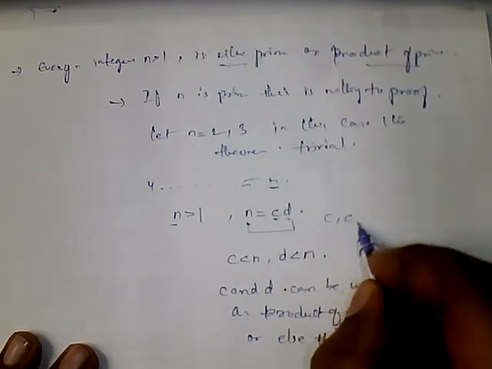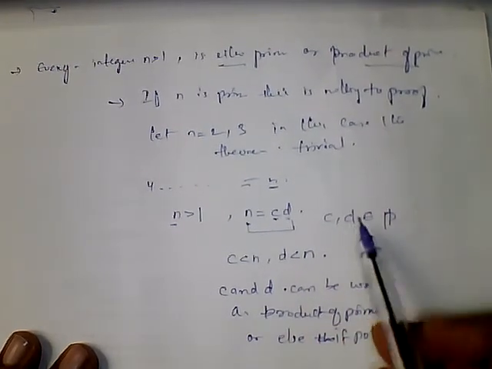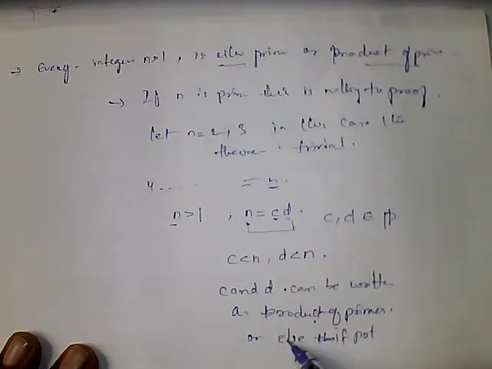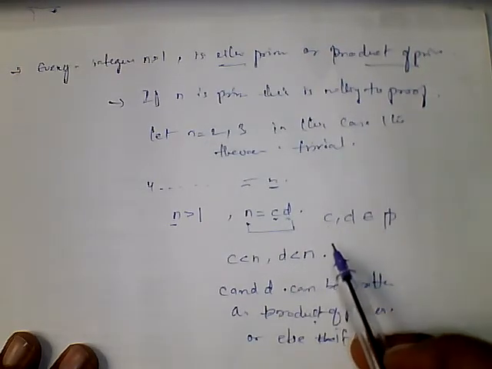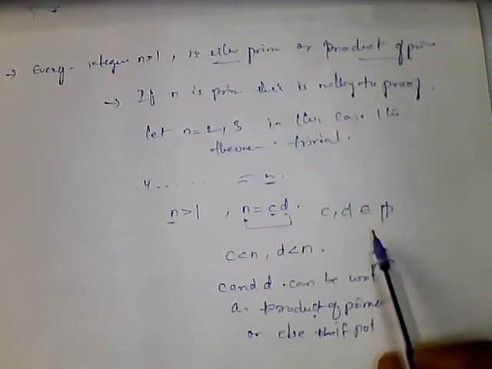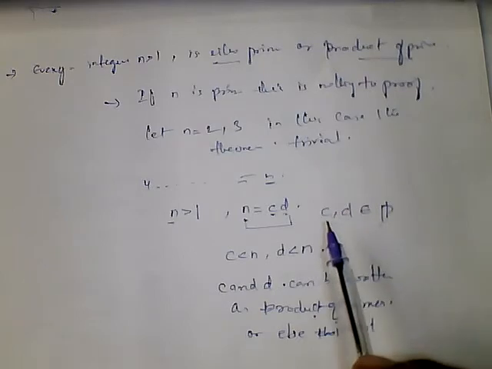C or D belongs to prime numbers. If not, C and D can be written as products of primes. If not, you can continue this process till you get integers that belong to prime numbers. So this is pretty much easy. We consider this as the induction hypothesis.